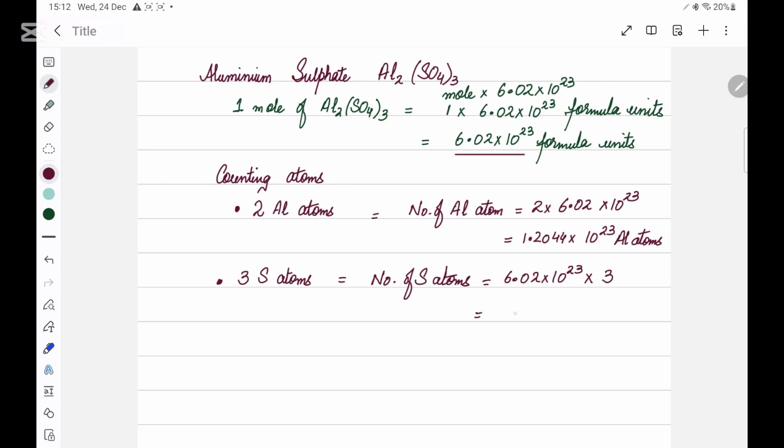The answer comes out to be 1.8066 times 10 raised to power 24 sulfur atoms.